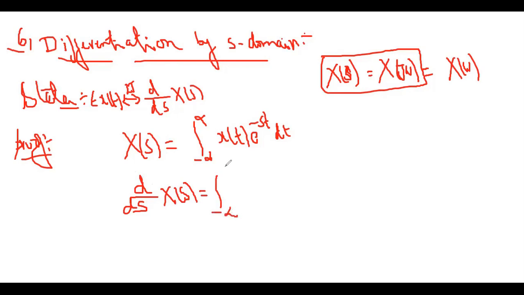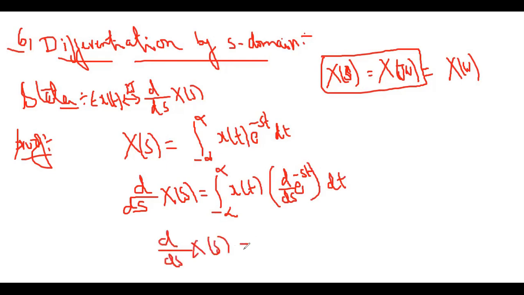The remaining is constant: the integral from minus infinity to infinity of x of t, and take the differentiation with respect to s for e power minus st dt, for this function only. d by ds of X(s) is equal to the integral from minus infinity to infinity of x of t, times d by ds of e power minus st, where the s coefficient is a minus t, into dt.